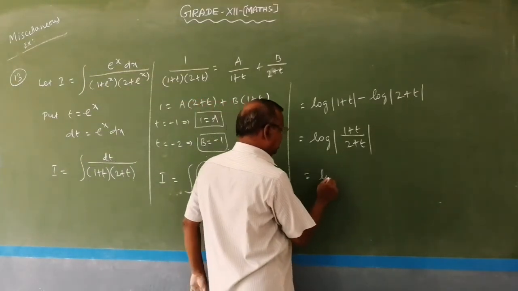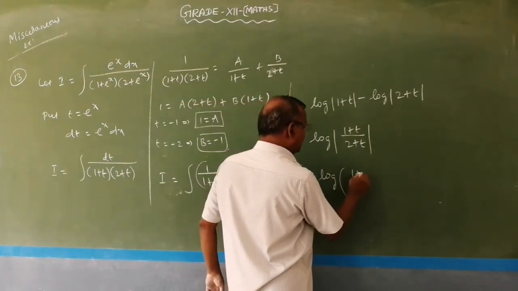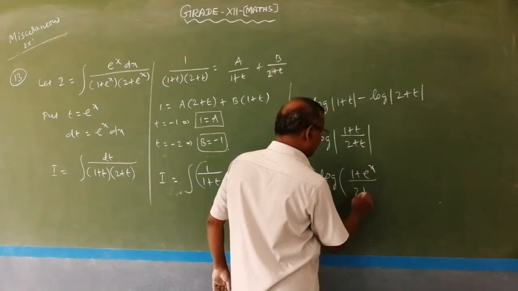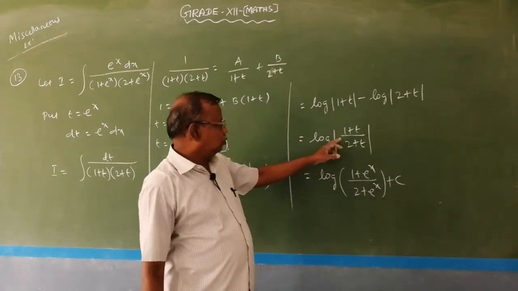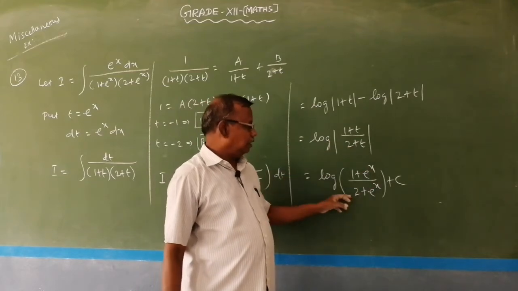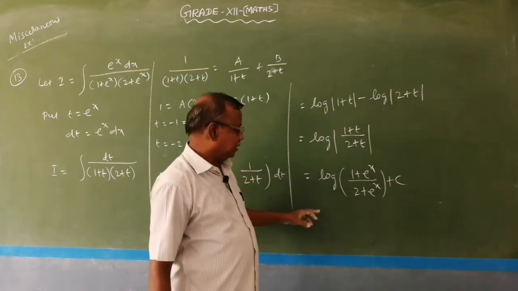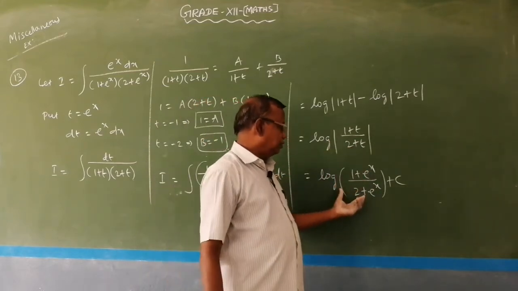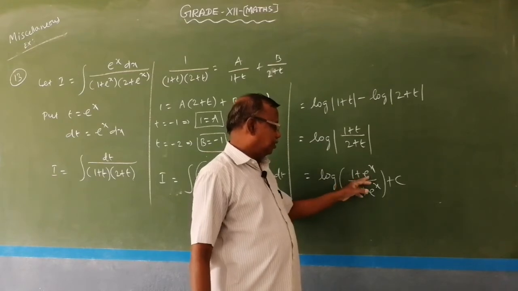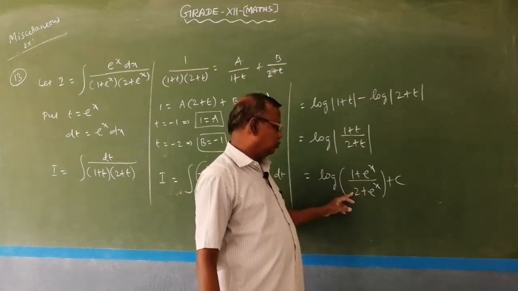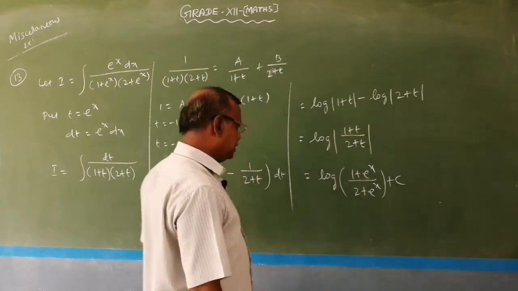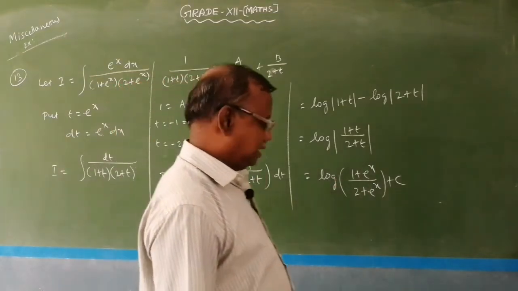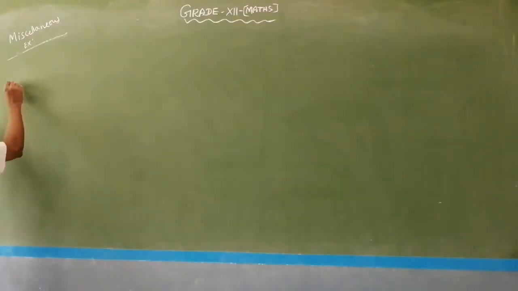So, this is log of 1 plus e power x divided by 2 plus e power x plus c. Here 1, 2 and e power x are all positive quantities. Therefore, it is not necessary to put modulus, because e power x is always greater than 0 and 1, 2 are positive quantities only.